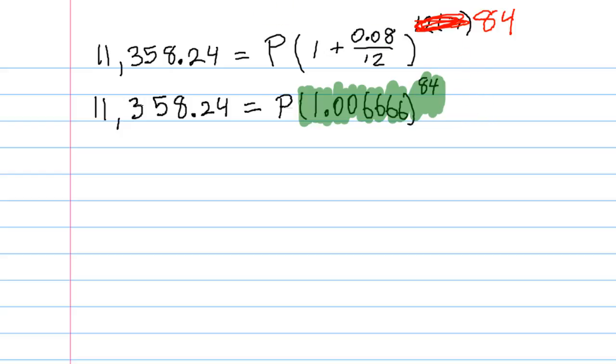The other option is to look at the equation as $11,358.24 equal to P times a green number. If I want to get P by itself, I can just divide by whatever number it's multiplying.